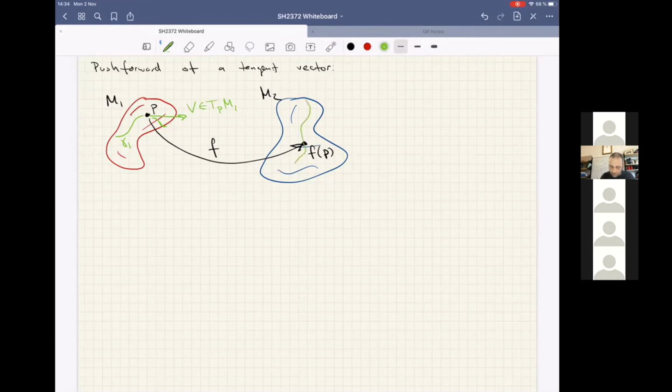I don't a priori know what it's going to look like, but it might look something like this. So this would be gamma 2. I would get gamma 2 by mapping the curve gamma 1 using the function f to M2. But this curve gamma 2 also has a tangent. And that tangent we're going to have here. That is what we're going to define as the push forward of V.